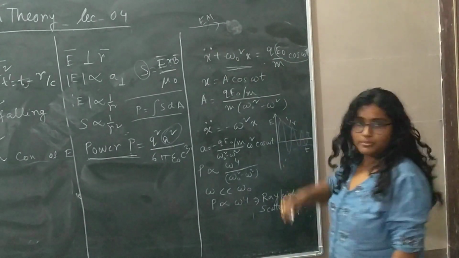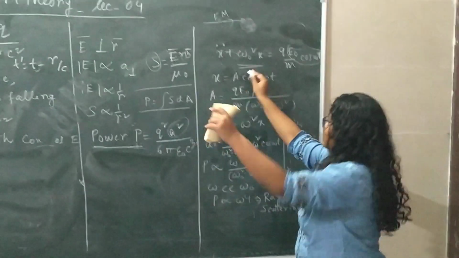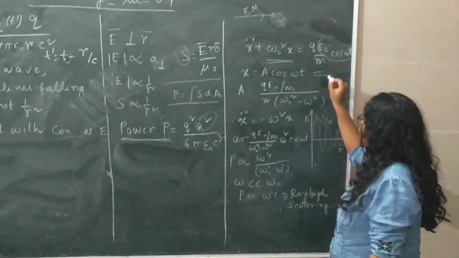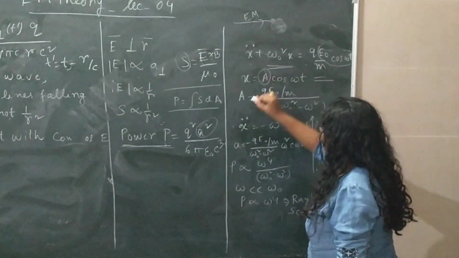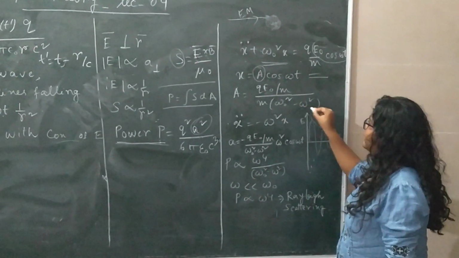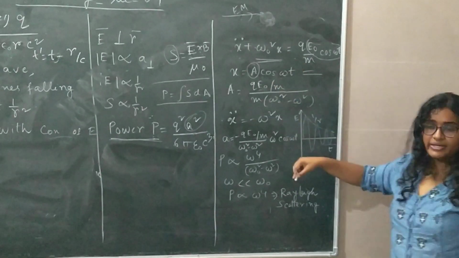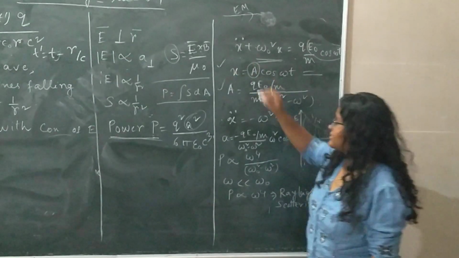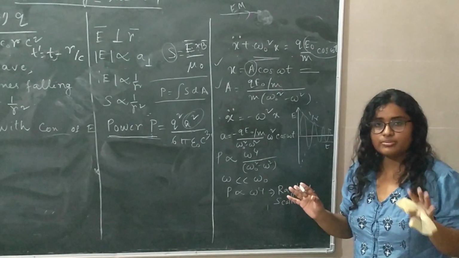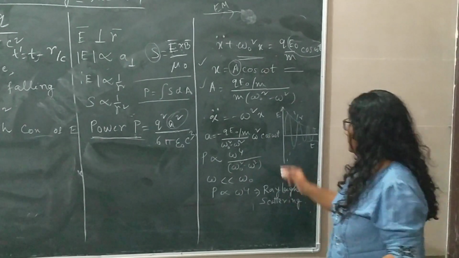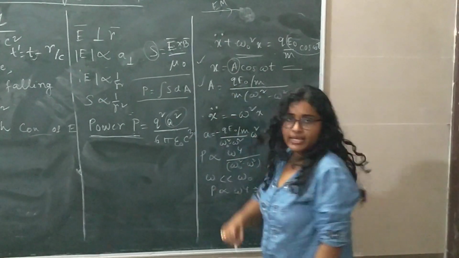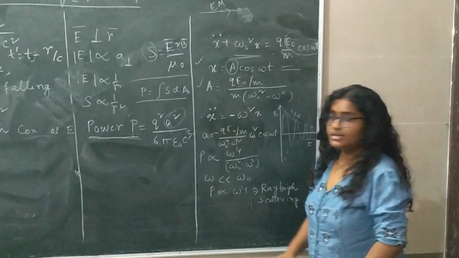Now the solution of this forced equation is x equals a cos omega t, where the amplitude a is q E naught by m into 1 over omega naught square minus omega square. This is a very common result for forced vibration motion.